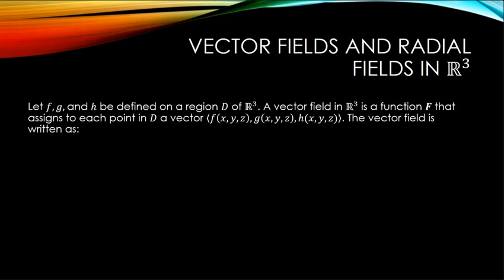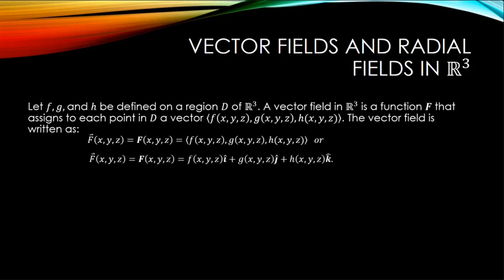The vector field in R3 can be written as a capital F with an arrow over it of xyz, or a boldface capital F of xyz, which is given by the component form of components f of xyz, g of xyz, h of xyz, or we can write it in vector component form as f of xyz in the i hat direction, plus g of xyz in the j hat direction, plus h of xyz in the k hat direction.